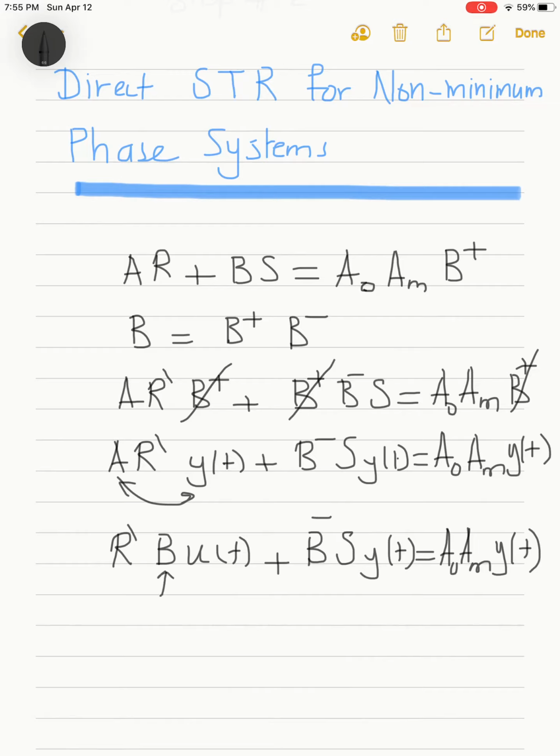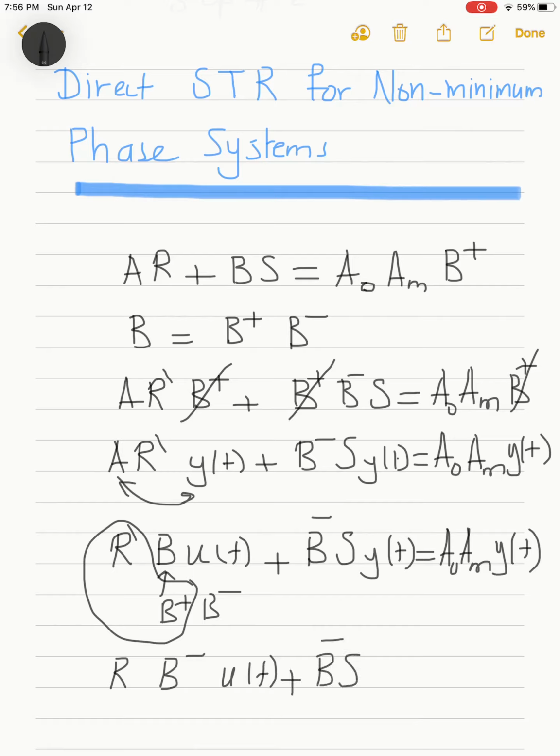And again, B is B plus times B minus, so B plus times R dash, this is R, so I get here R times B minus u of t plus B minus S y of t, and that's equal to A node AM y of t.